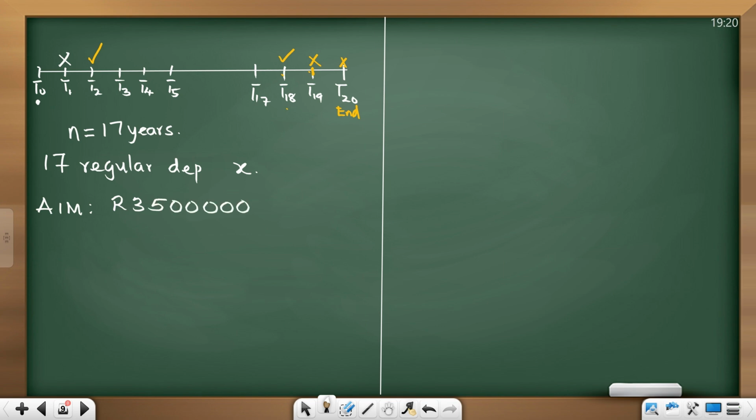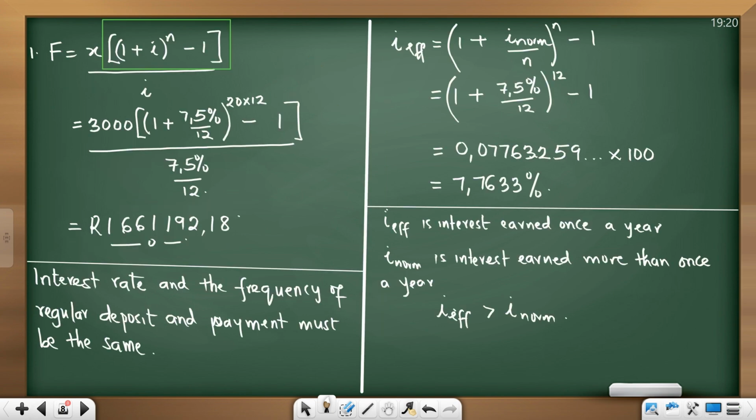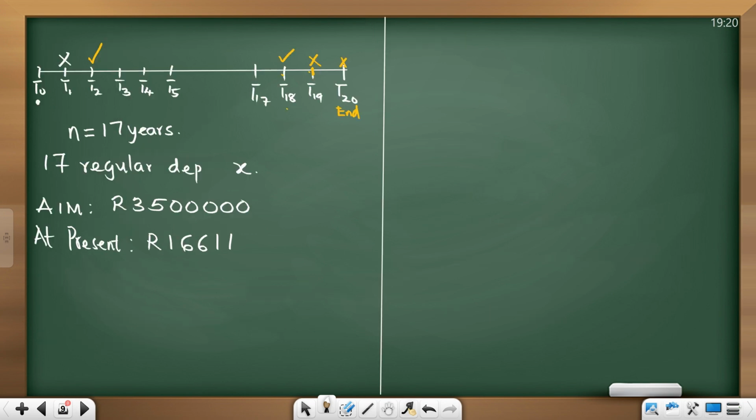But right now he doesn't have 3.5 million. What does he have? At present, what does he have? 1,661,190 something. The value you gave me, 192.